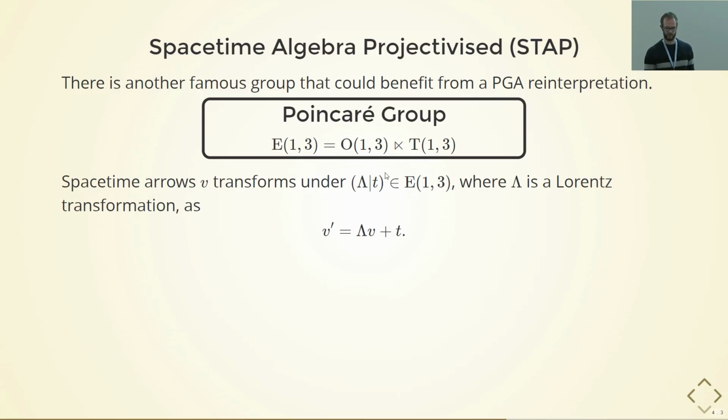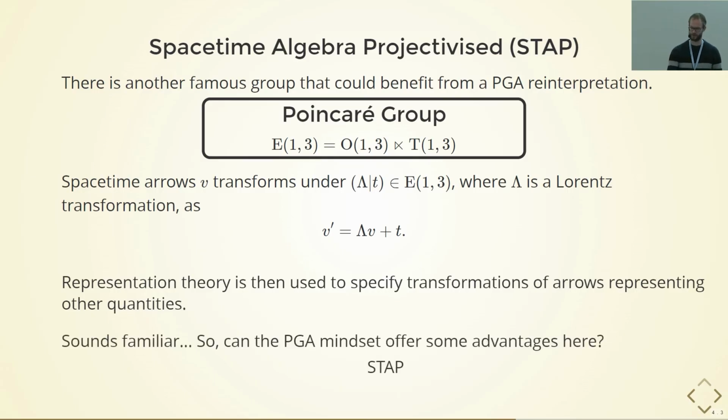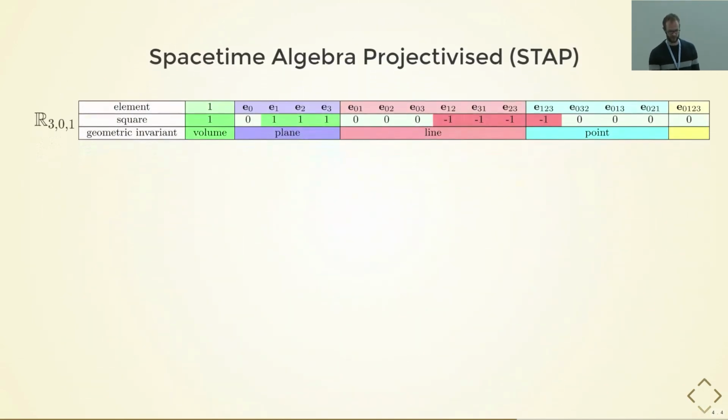That's an element of this Poincaré group. In the same way, an arrow V transforms under lambda V plus T. And again, we need representation theory to work with all the higher grade elements. So that sounds very familiar, and could the PGA mindset give us some advantages here as well?